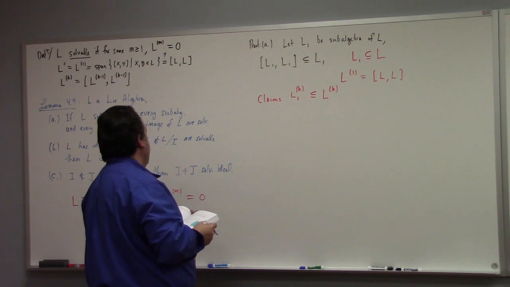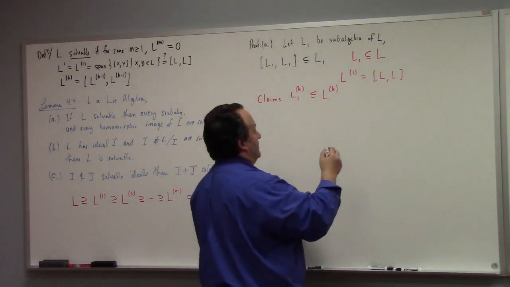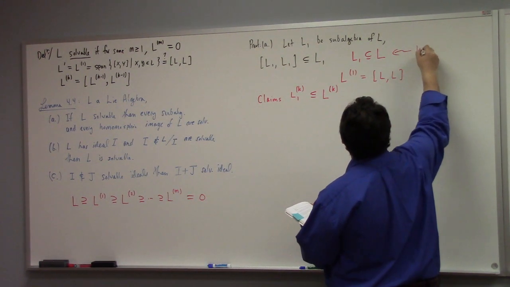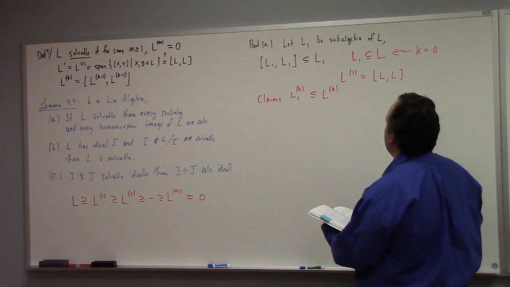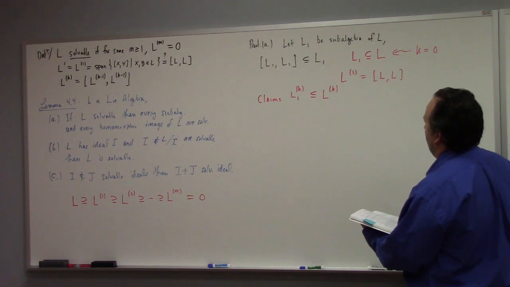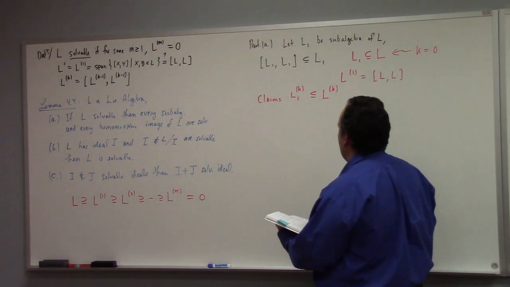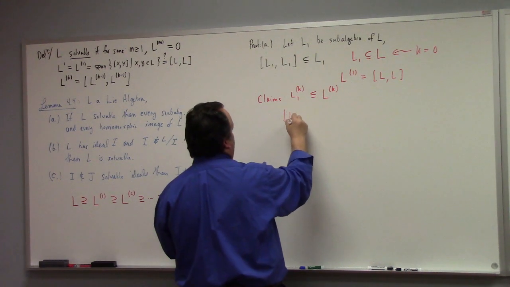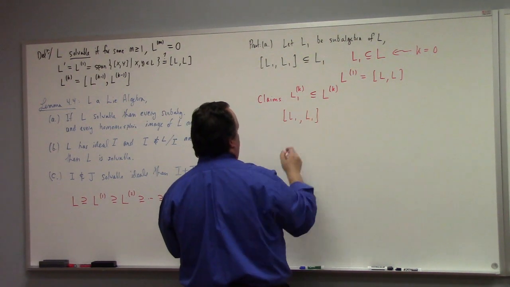So this right here is k equals 0. Then what if you have L1 comma L1?